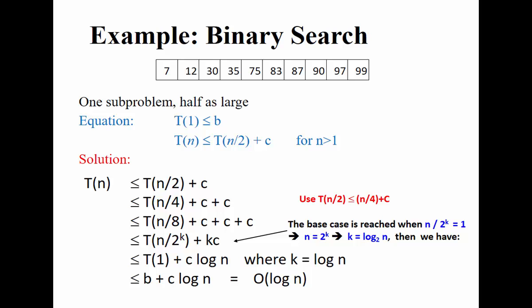We know the time complexity to solve a problem of size 1 is less than or equal to p. So if we take this argument, n divided by 2 to the power k is equal to 1, that gives you what? n is equal to 2 to the power k. Do the substitution inside, and you will end up with the time complexity for this recursive relation being less than or equal to p plus c times log of n, because k is equal to log of n base 2.